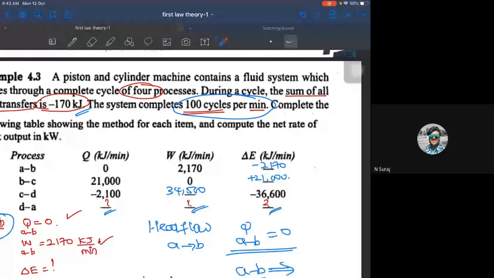The same goes for the process C to D, but here he has given the value of E and the value of Q for C to D, and you are supposed to find the value of W for C to D.